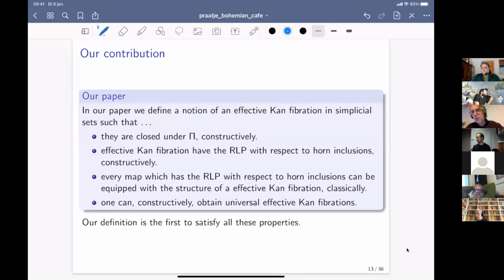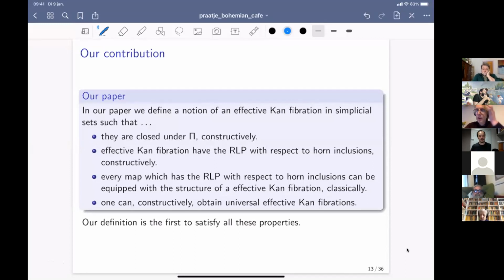So what is the quick summary of what we do in our paper? We propose a definition of an effective Kan fibration in simplicial sets, which has the following four properties.